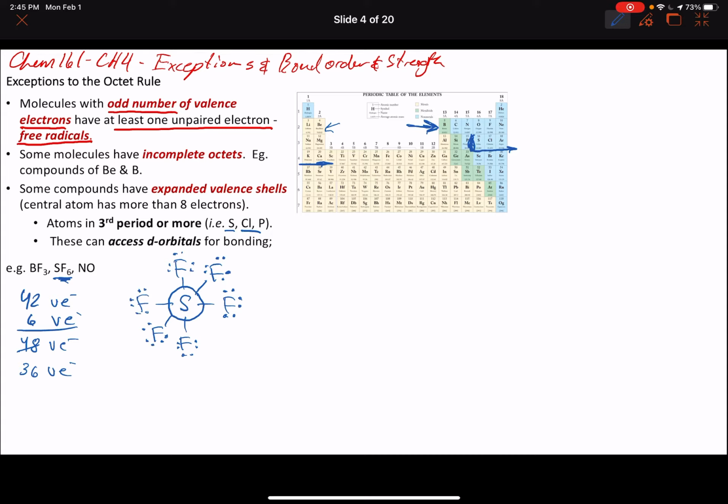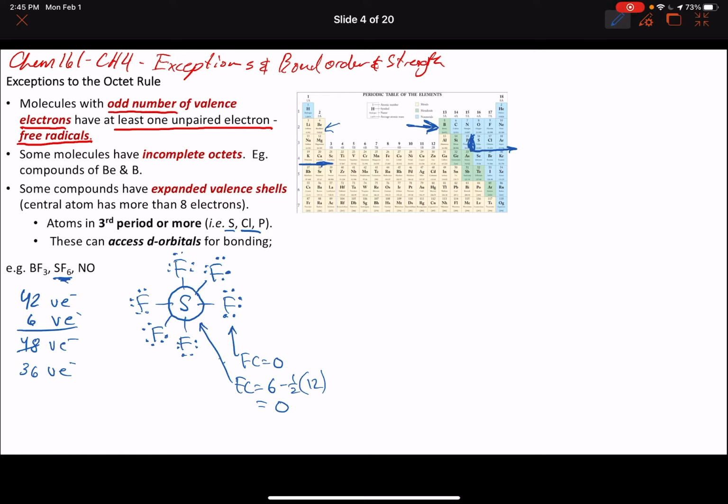If you ran your formal charges, each of these fluorines, which look very much the same, would have a formal charge of 0. If you did the same for sulfur, formal charge equals the 6 valence electrons minus half of all those in bonding circumstances, so that was 12. And we have no lone pairs, so that's a formal charge of 0 as well.